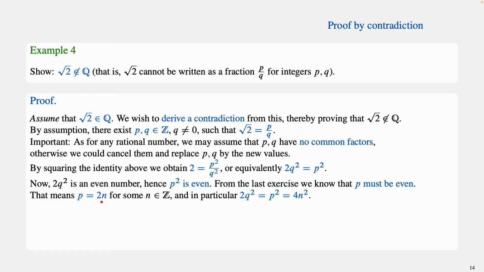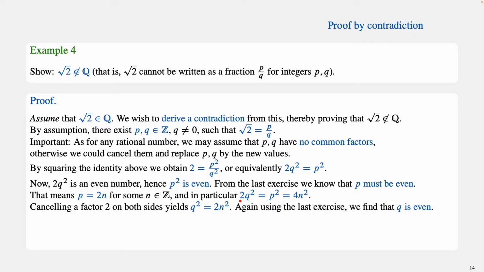So p is equal to 2n for some integer n. And in particular, if we plug this in here again, we get 2q squared equal p squared equal 4n squared. But now we can cancel 2 on both sides of this equation. So we cancel the factor 2 and we get q squared equal to 2n squared.